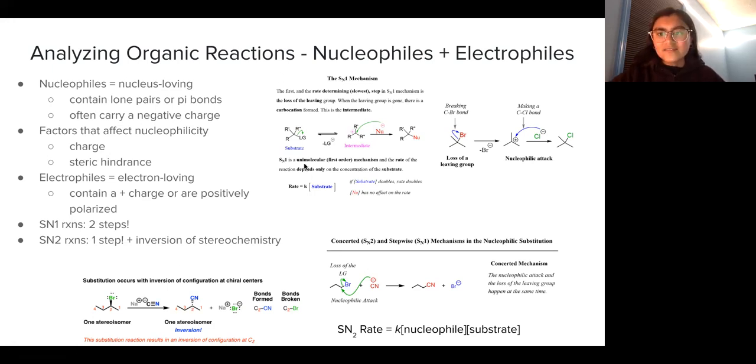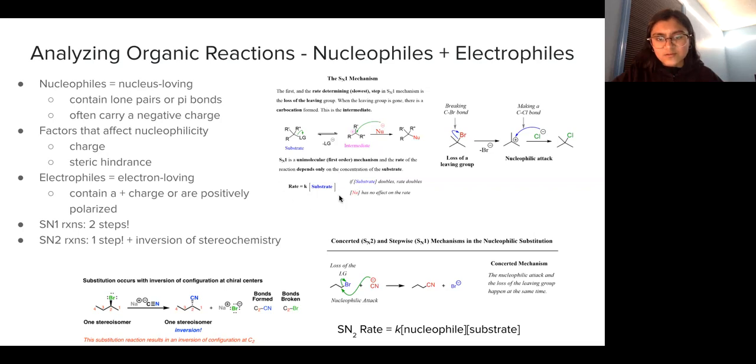Here I have a diagram of the SN1 mechanism, where the leaving group going is 1 step, and then the nucleophile coming in is a 2nd step. And then your SN2 reaction is 1 concerted step, where the nucleophile comes in and the leaving group leaves at the same time.